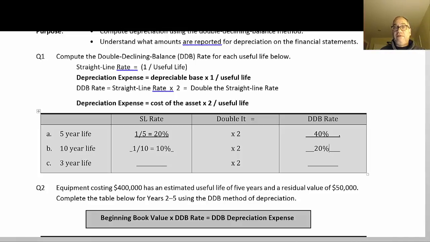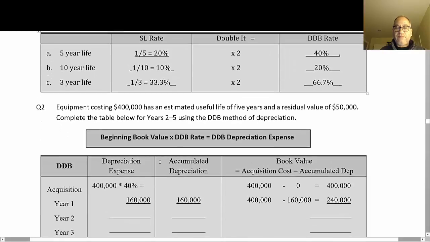Try it for a 3-year life for a moment. It would be 1 divided by 3, or 33%, and you double that for the double declining balance rate, so 66.7%. We know we're really talking about a third here.